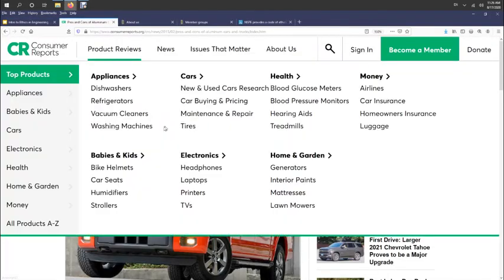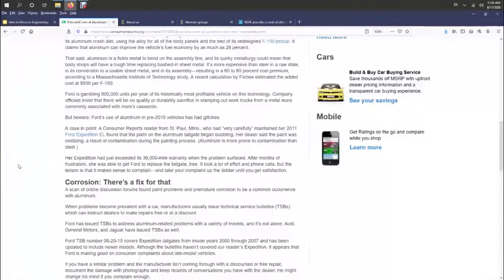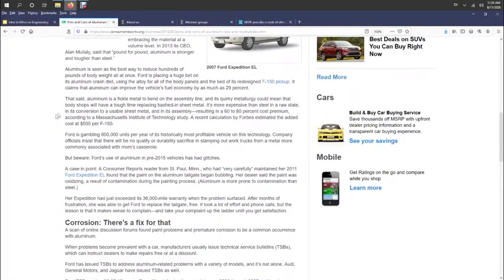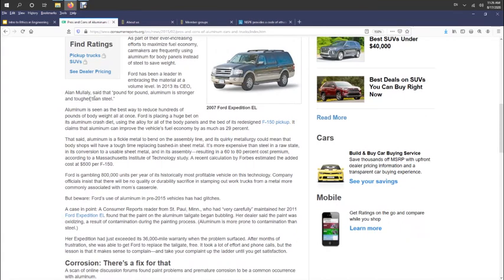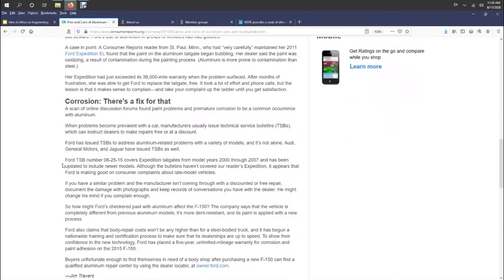And I have an article. This is from Consumer Reports. It's from 2015, and it says aluminum is great when it comes to mileage, but it can cause some problems, as one reader found out. And they discuss the experience of a customer. I'll let you read this on your own if it's of interest.